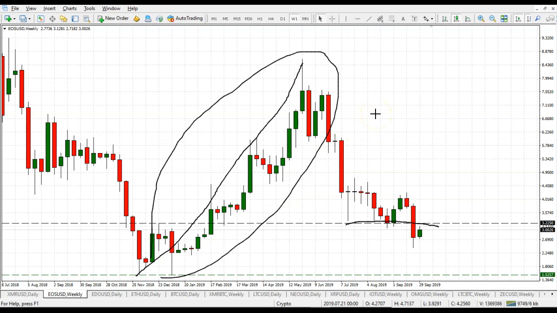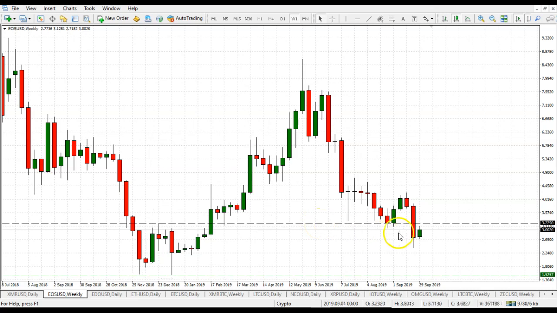There are many reasons, but one of them is right here, coming from the EOS: the break below that black dotted line.